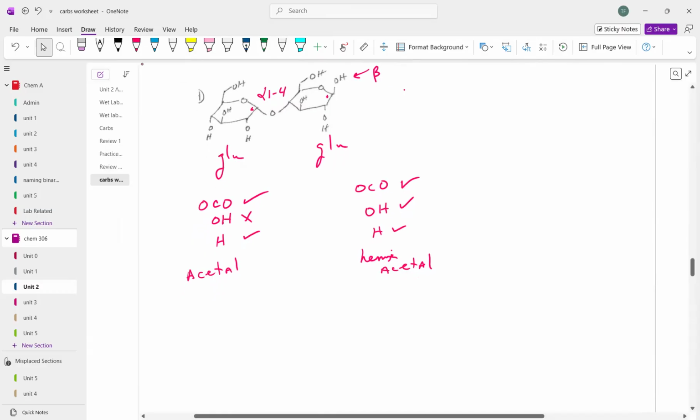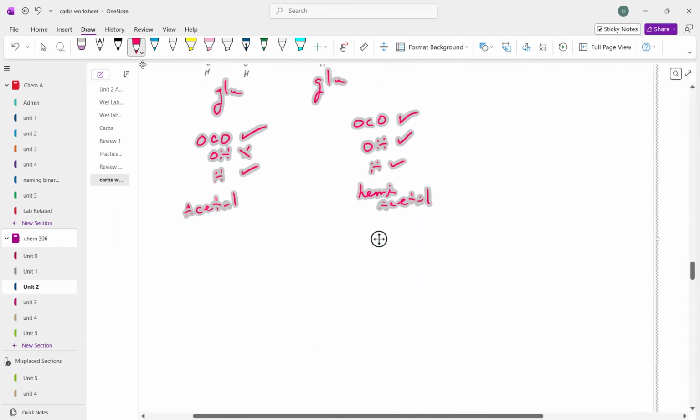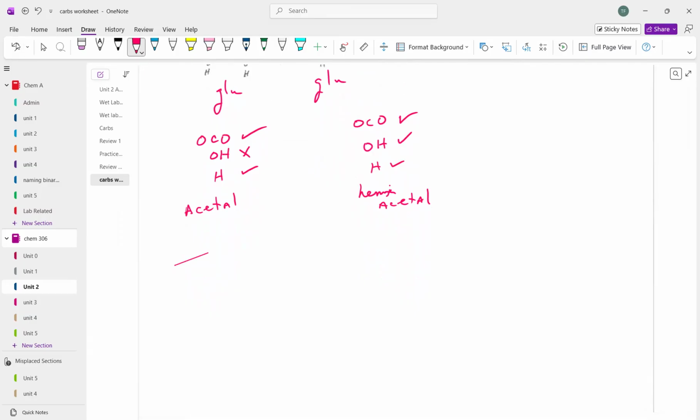So we're going to start with the original molecule. Now the one on the right is going to open up.